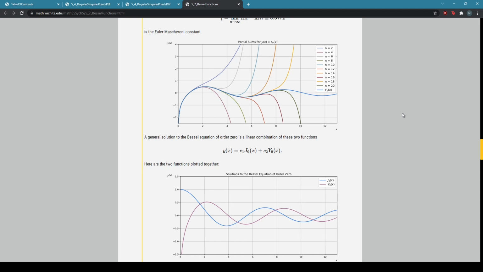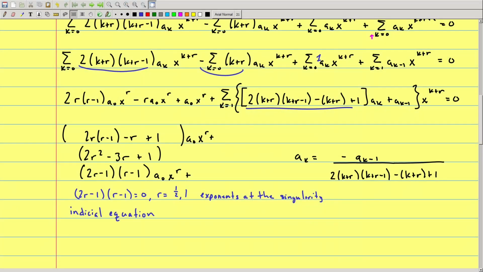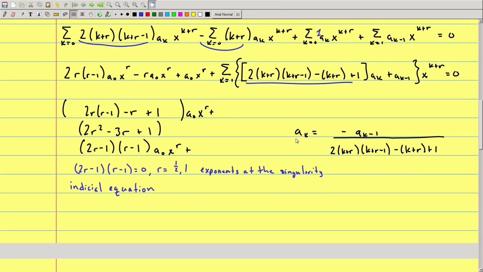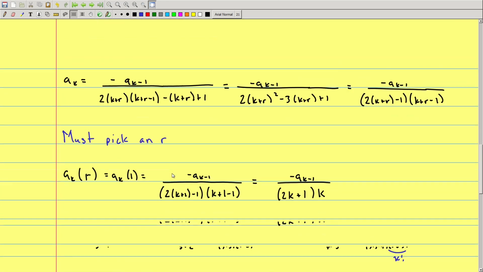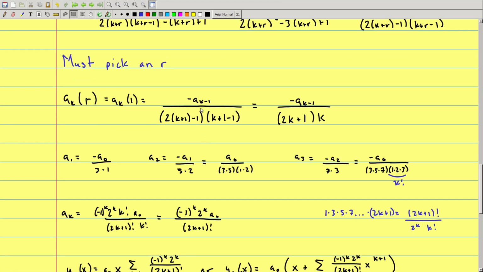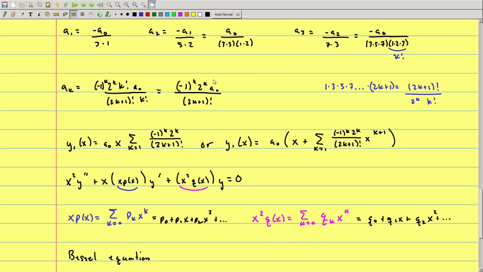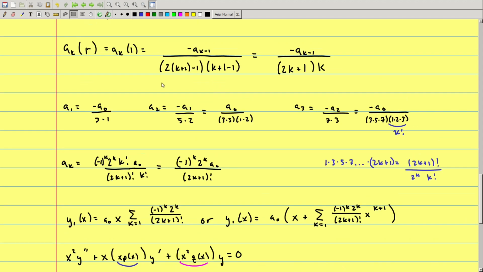What I do expect you to be able to do is, when you're working these things out, be able to get to this point where you can isolate the indicial equation, figure out the exponents at the singularity, and then go through and perform this kind of work of being able to determine a pattern in the coefficients.